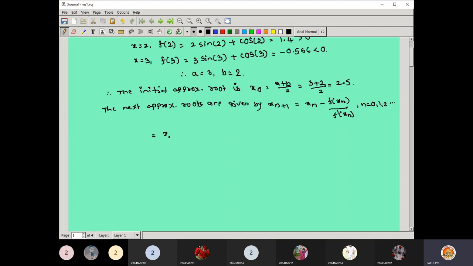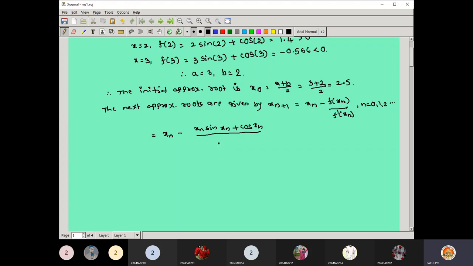This is equal to xn as it is, minus f of xn. In your given function, x is replaced by xn, so xn sine of xn plus cos xn. This is your f of xn value. Total it is divided by f dash, its derivative.